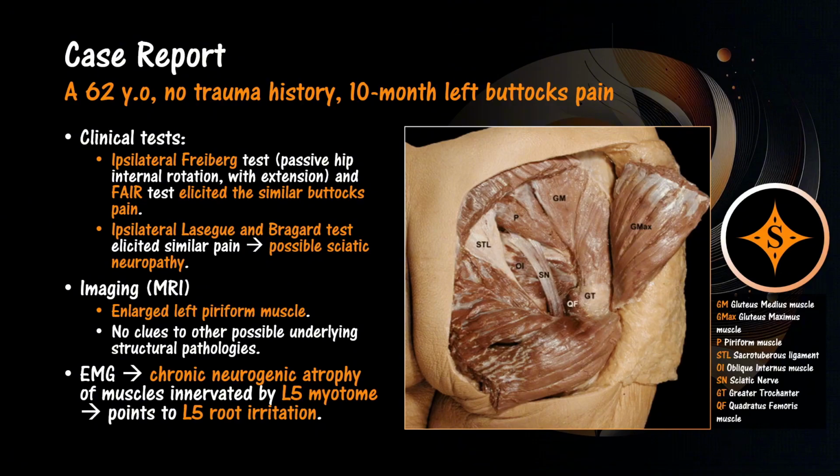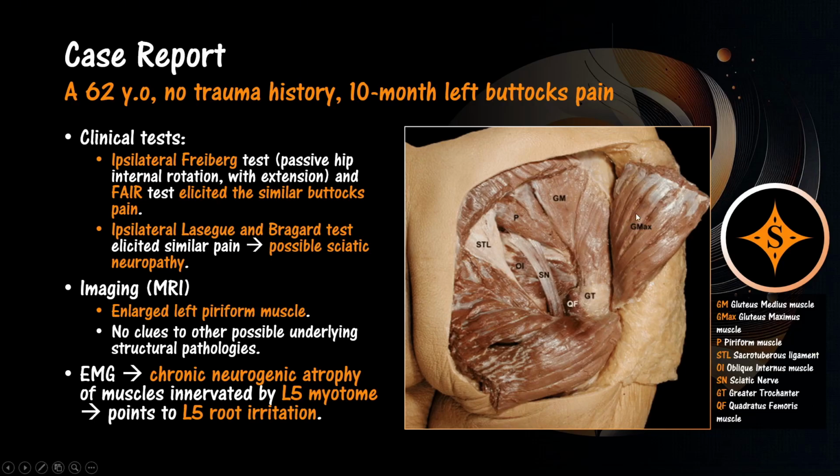EMG shows chronic neurogenic atrophy of the muscles innervated by the L5 myotome, and this is one of the roots that contributes to the sciatic nerve. This points to a problem in the L5 nerve root that comes out of the spinal cord and is also part, again, of the sciatic nerve.